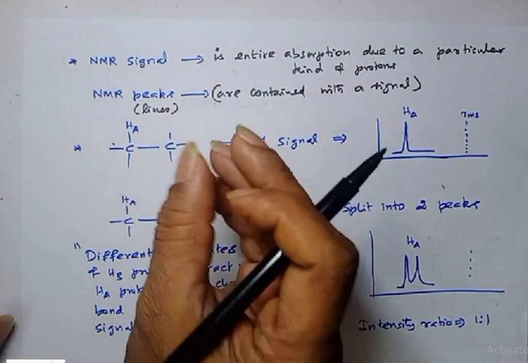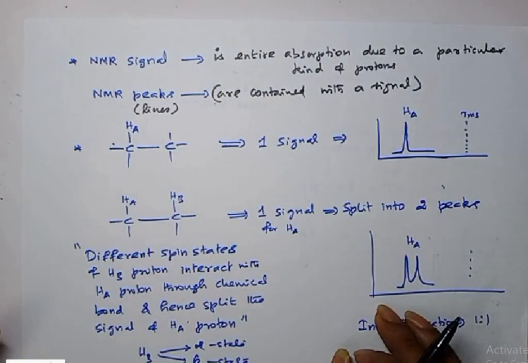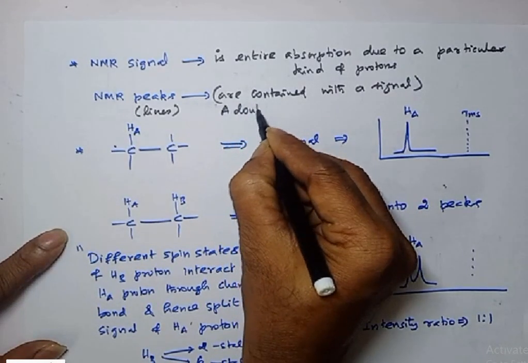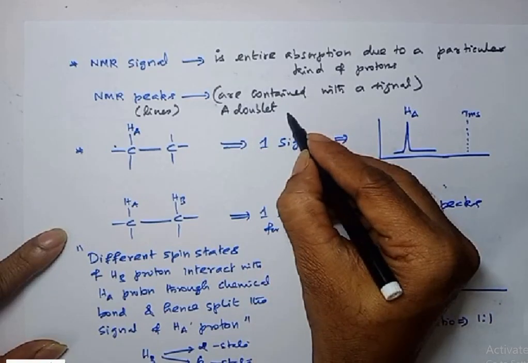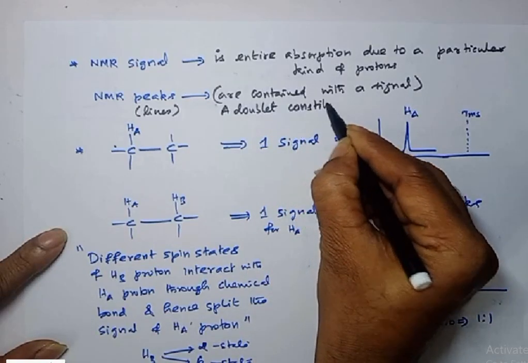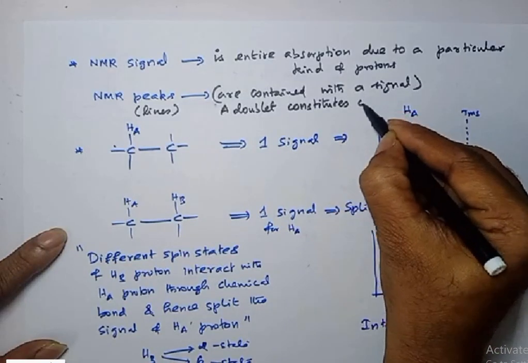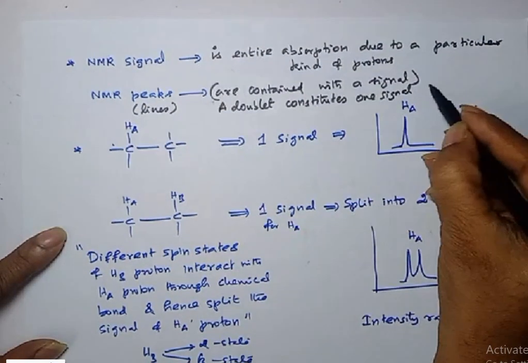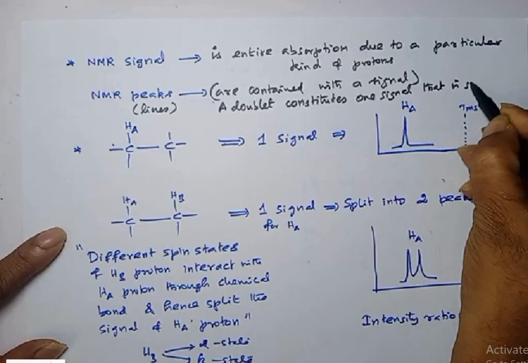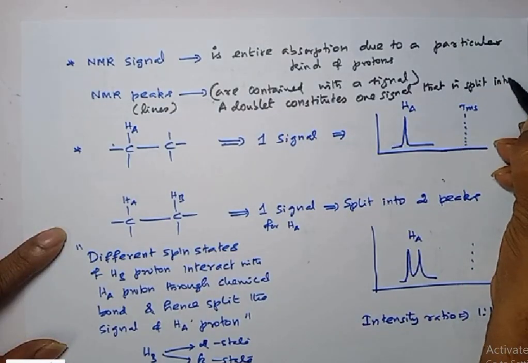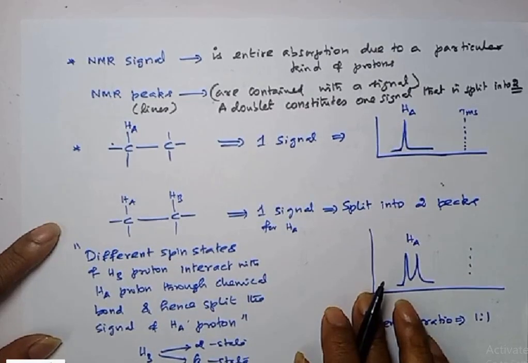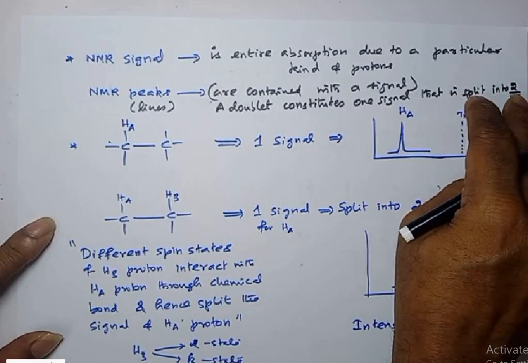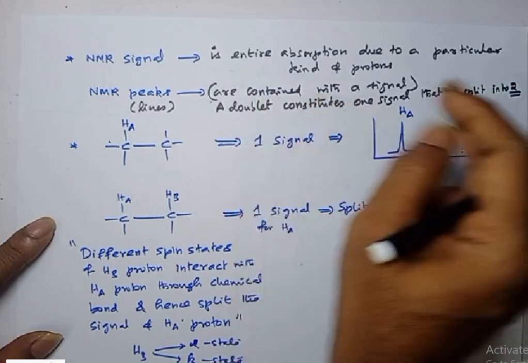If one signal is split into three, we call that a triplet. A doublet constitutes one signal that is split into two. After splitting, we get two peaks. Each one is called a peak.